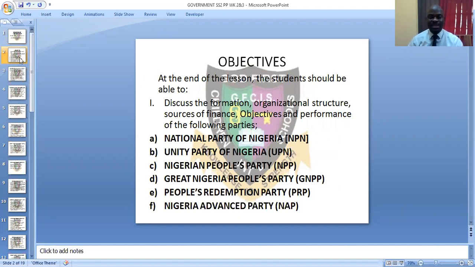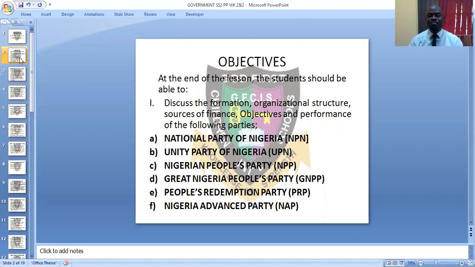At the end of the lesson, the student should be able to discuss the formation, the organizational structure, sources of finance, objectives and performances of the following political parties. A, National Party of Nigeria, NPN. B, Unity Party of Nigeria, UPN.